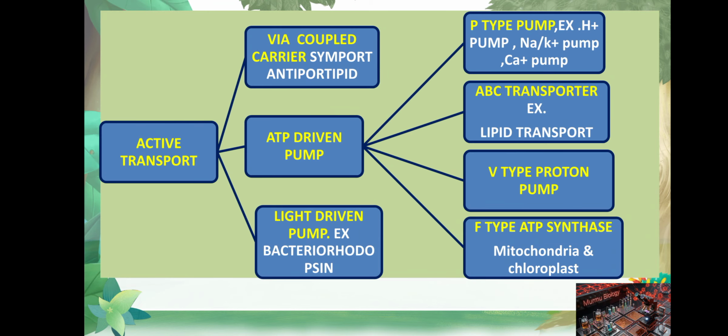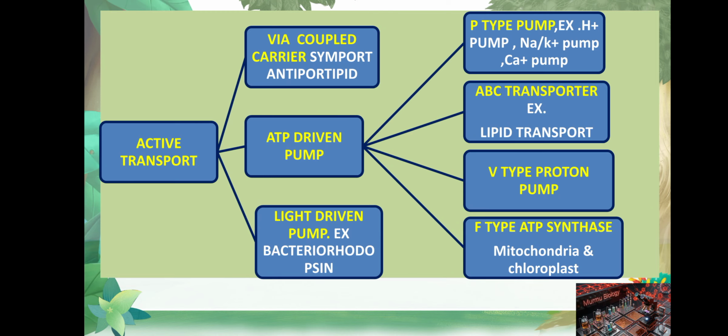Active transport can be categorized into three: via coupled carrier, that is symport, that we have just discussed, and it can be an ATP driven pump, or a light driven pump. An example of a light driven pump is bacteriorhodopsin, and for ATP driven pumps, in mitochondria and chloroplasts there is the F type molecule, the ATP synthase molecule.